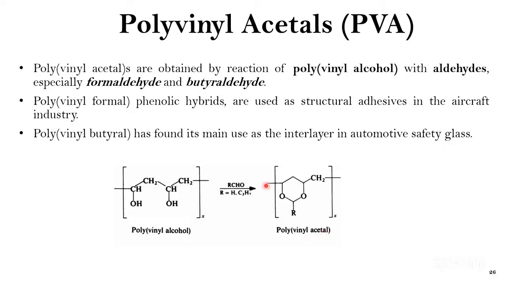So if we do the copolymerization of vinyl alcohol with formaldehyde, then we get a polymer known as polyvinyl formal. Understand?